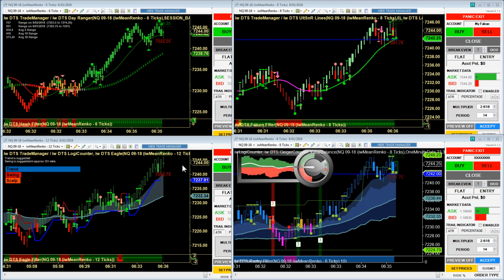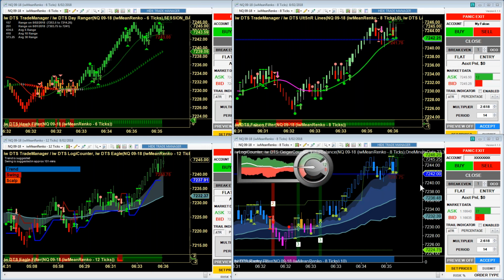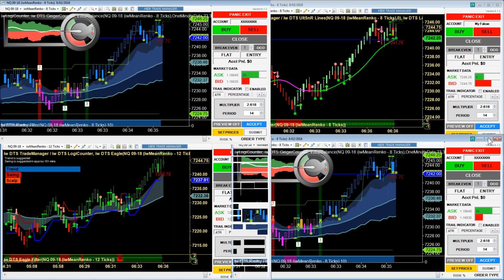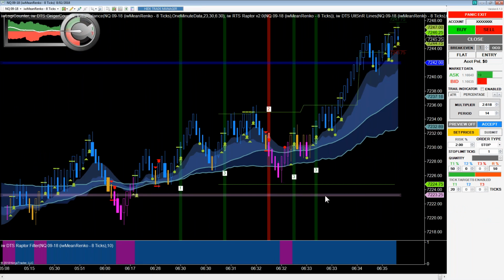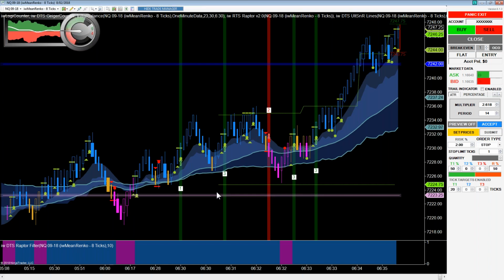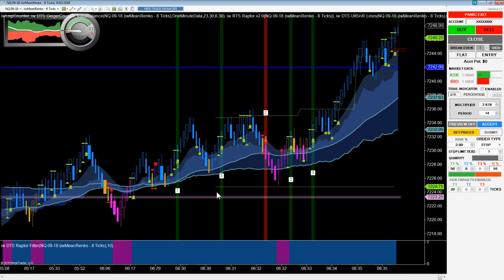Those were actually the two biggest reasons. It seemed to be a big deal for a lot of people to monitor three charts, and a lot of people are trading off of laptops. So we combined the most important elements of all three trading systems into one trading system, and that became the Raptor.